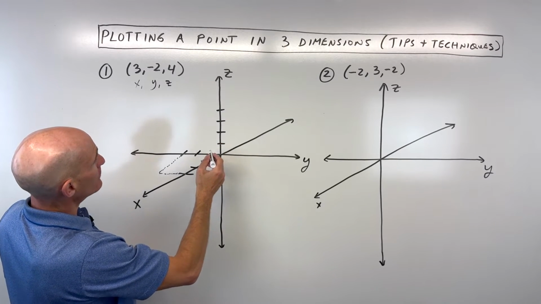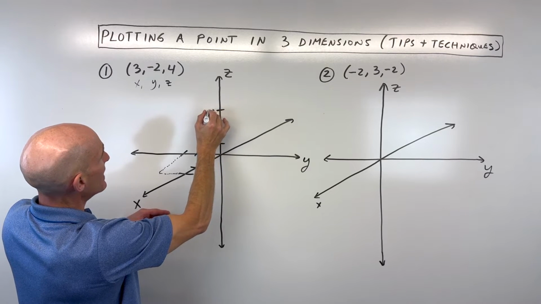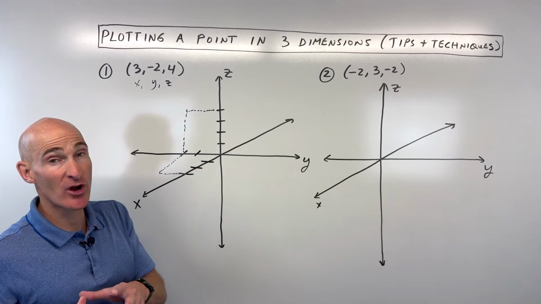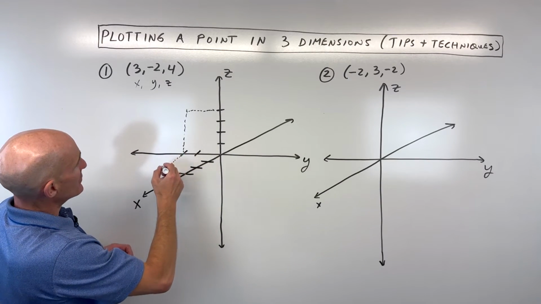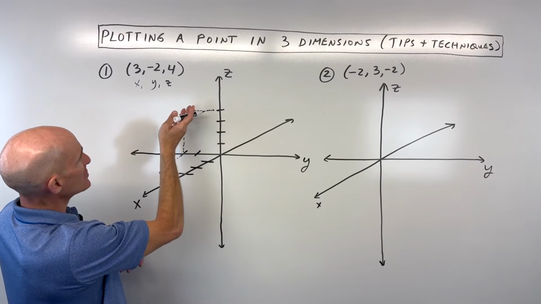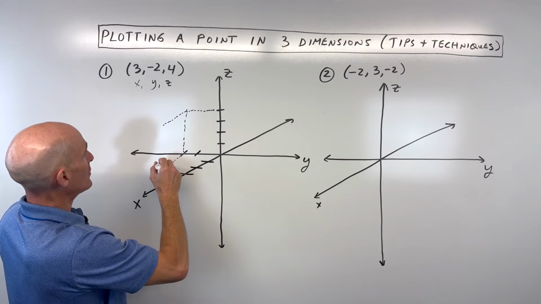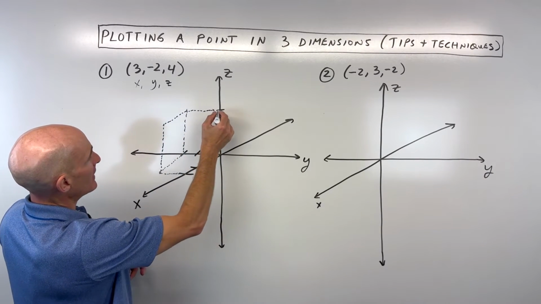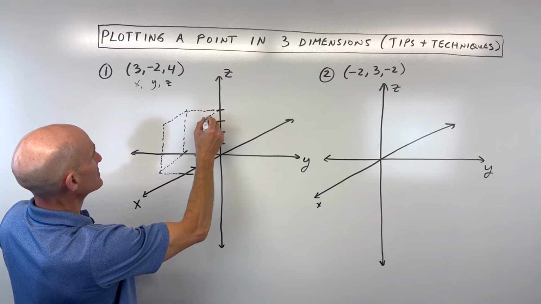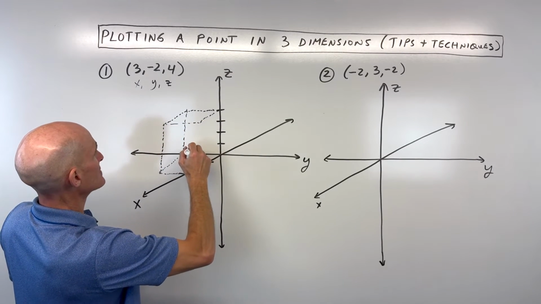Now, I can also go like this, where, see how this is 2 units to the left? I can go dotted line 2 units to the left, and I can go up like this. So I'm going to try to draw a box or a prism. Same thing here, I'm going to continue like this. And notice the opposite sides, I'm always trying to draw parallel. Then I bring this one up like this, and like this, and like this.